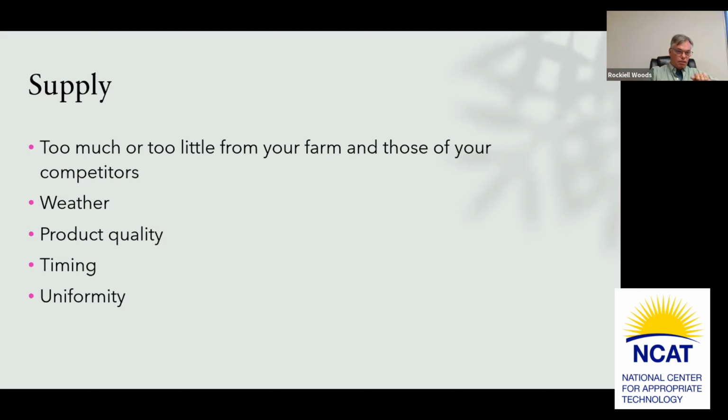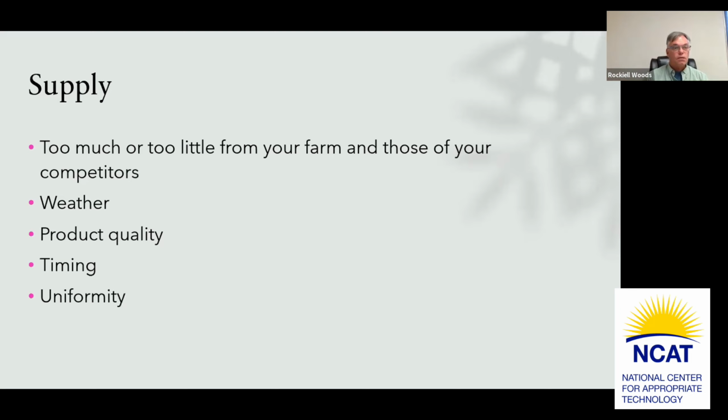In Mississippi, we're talking the end of June and early July, where everybody in the market has tomatoes. If you're the first one in with tomatoes, you make lots of money. If you're trying to sell tomatoes when everybody has tomatoes, you're not going to make quite as much money. That's a market risk, and we can manage that timing risk by multiple crop planting and other things like that. But you need to think about that.